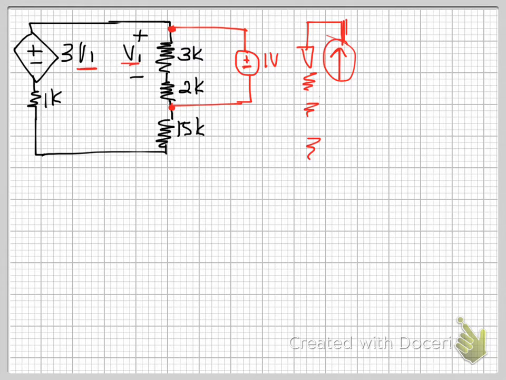But also, some of the current flows back in here, while the rest of it goes through the 15K and then goes through the whole loop and goes into the 1K, right? So if you chose the current source, you would have a lot more work on your hands, and I'm not even going to attempt a current source version because it would not be fun at all. Okay.